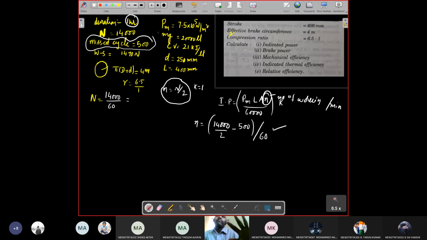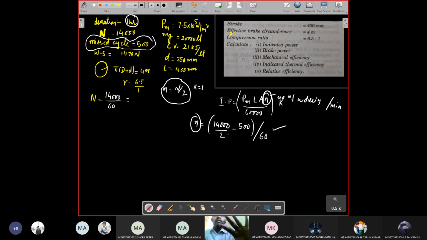Number of missing cycles per hour is given, which means during this time there is no firing inside the engine cylinder. What is n? N is the number of working strokes per minute, so it will usually be n by 2 in case of 4-stroke. If missing cycles are 0, then 500 will become 0.